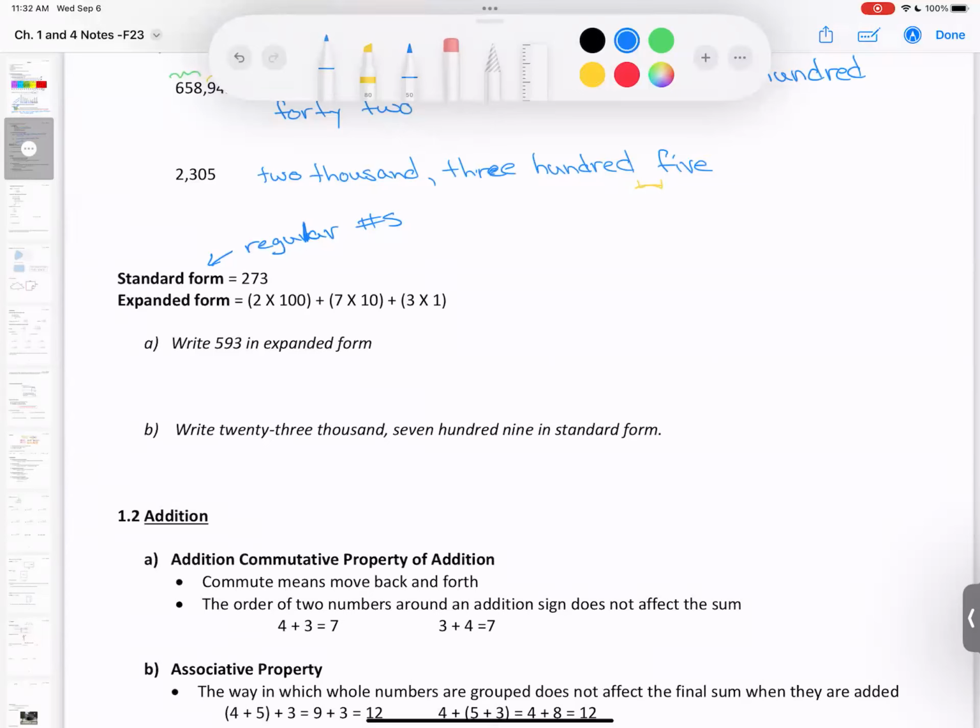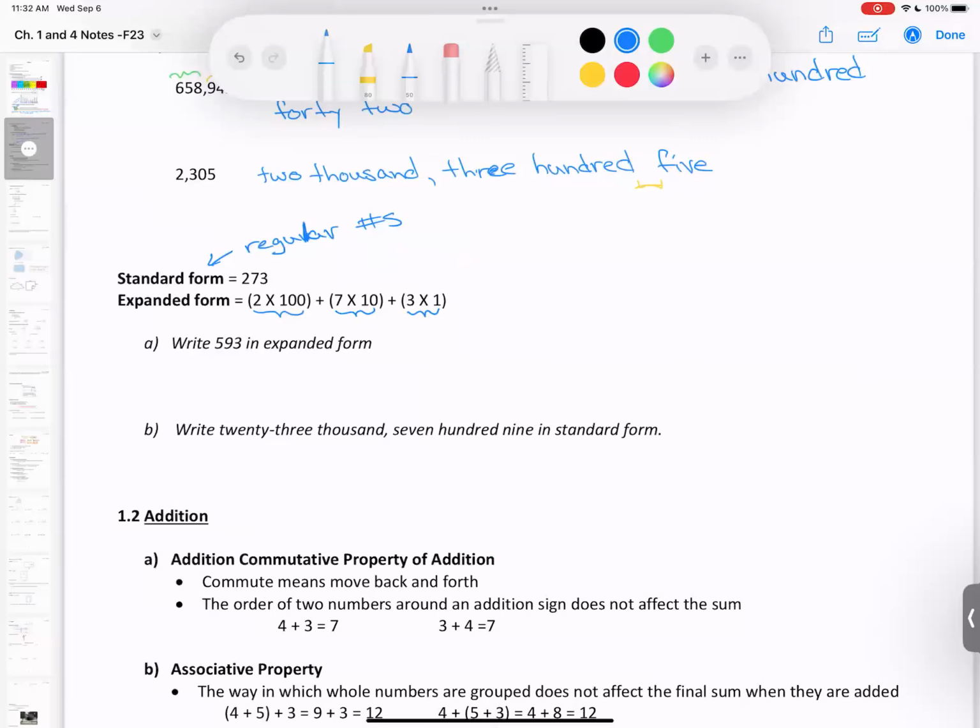So you're taking 2, multiplying that by 100. That's why it's represented in the hundreds column there. Plus, you have 7 tens to represent that 7. Plus, you have 3 ones, because all together, that's how you end up with 273, right? Or if you want to think about it backwards, you have 3 ones, and then you've got 7 tens, and then you have 2 hundreds. So that's the expanded form. It's kind of just showing you can interpret what the number actually means.